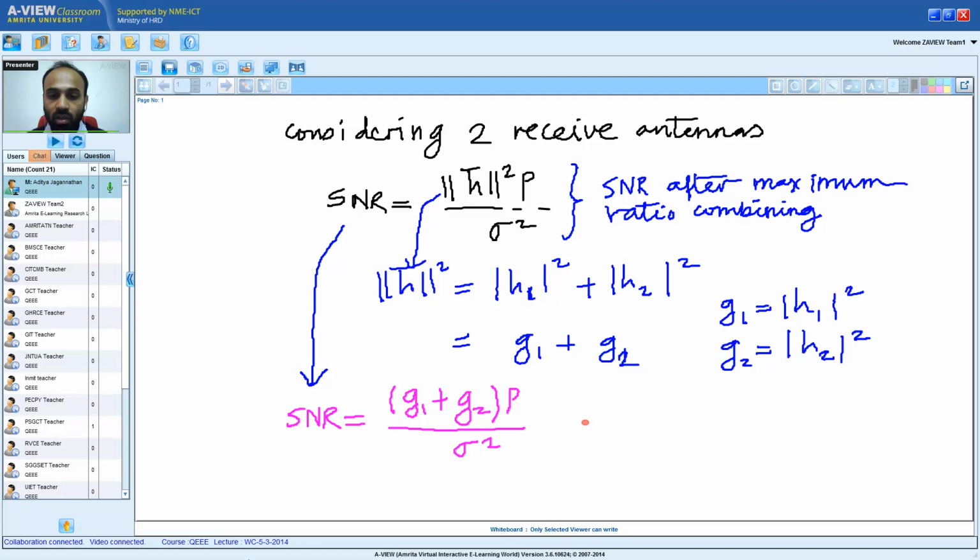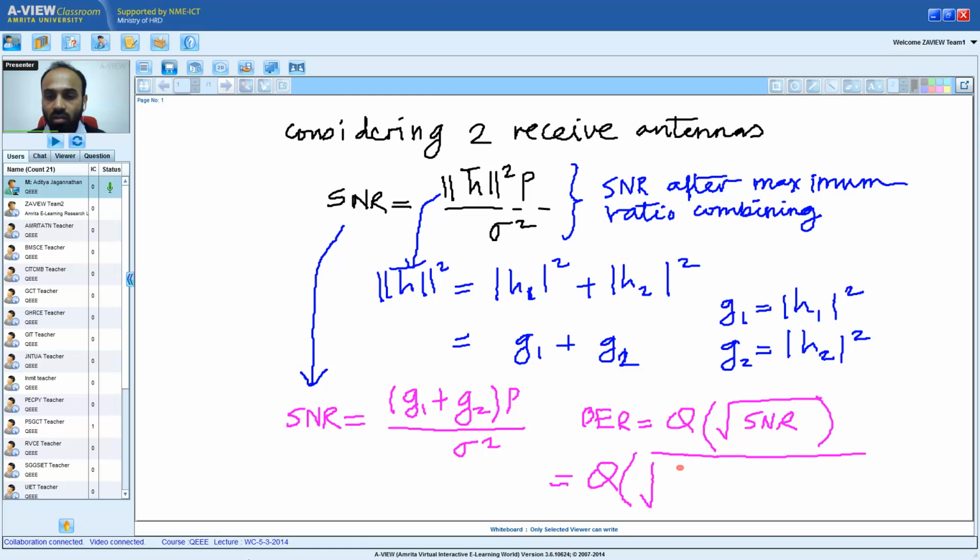So the bit error rate equals Q of square root of SNR, which in this case is equal to Q of square root of G1 plus G2 times P over sigma square.